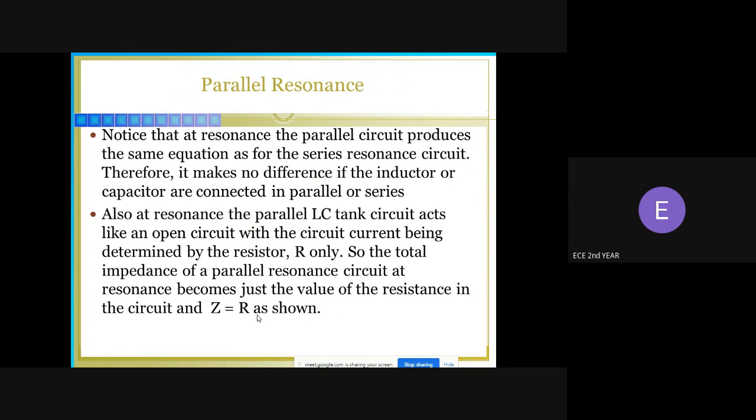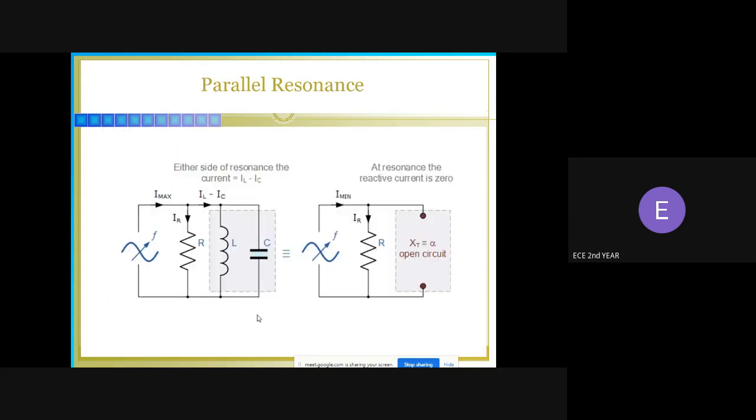Also, the LC will act as a tank circuit, providing only circulating current. So the total current depends only upon the resistance that is available in the circuit. The diagram shows, on either side of the resonance, the inductor current IL and capacitor current IC are at maximum, so both are circulating here.